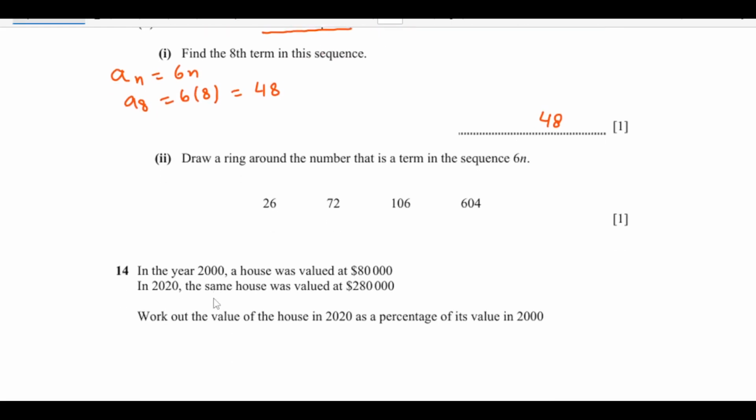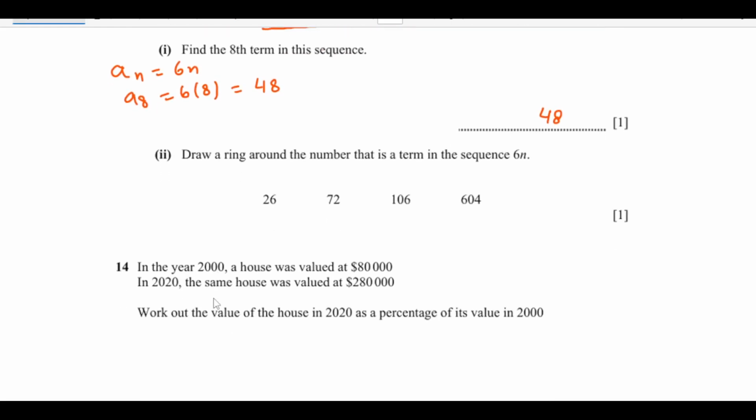Now draw a ring around the number that is a term in the sequence 6n. There are two methods. Either you keep on multiplying, or you just divide, because 6n is a multiple of 6.